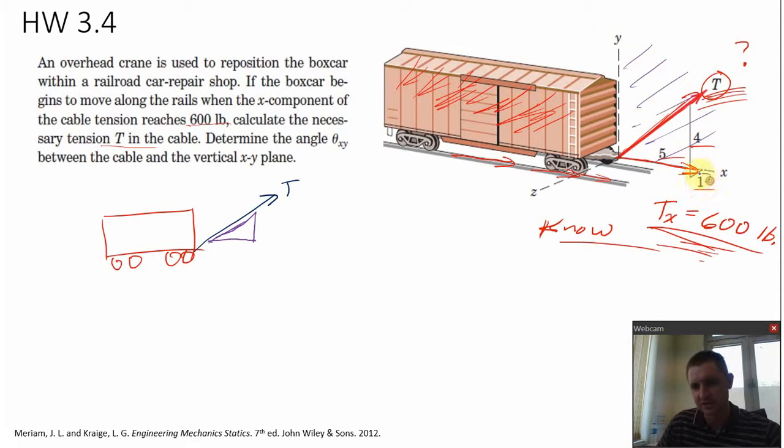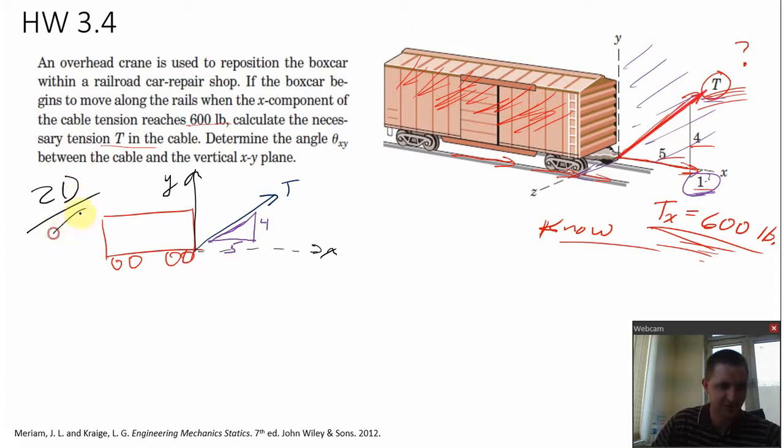I'm going to say that the tension vector is not pulling any in the Z direction, so I'm going to get rid of that 1 there. Let's say this is 5 and 4. I'll draw a coordinate system here: there's X, and there's Y. Now here's a 2D version of this problem.